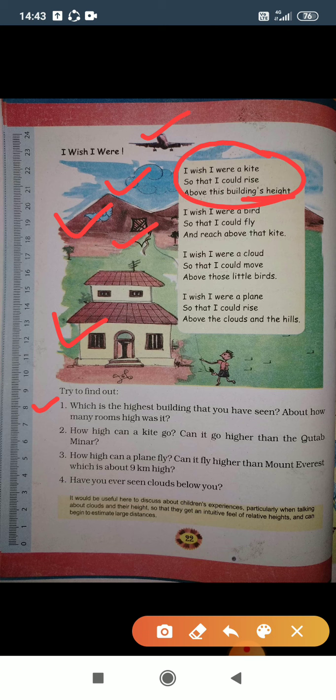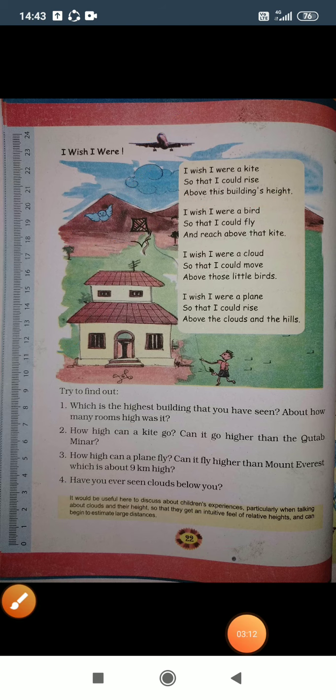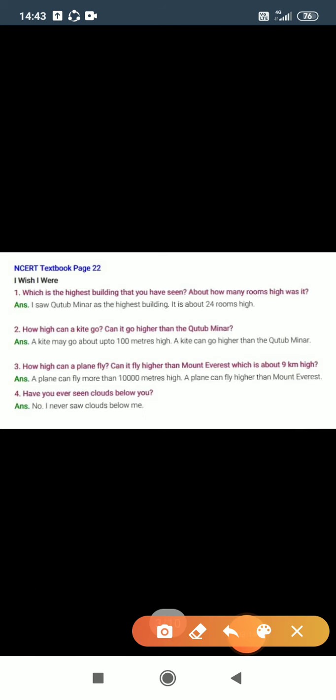The Qutub Minar is 72 meters in height, and with the help of calculation, about how many rooms high was it? So let's see. It was a height of about 24 rooms. The calculation we had already done in the last part.